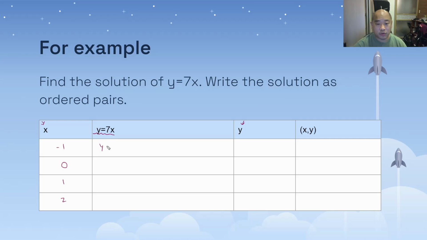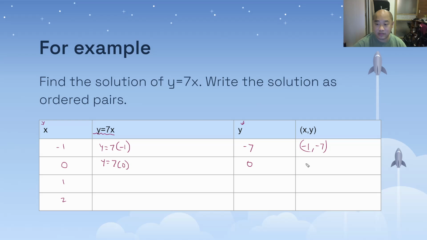So here you get y is equal to 7 times -1, which is -7. So if x is -1, y is -7. And there you go. There's your ordered pair. y equals 7 times 0 is 0.